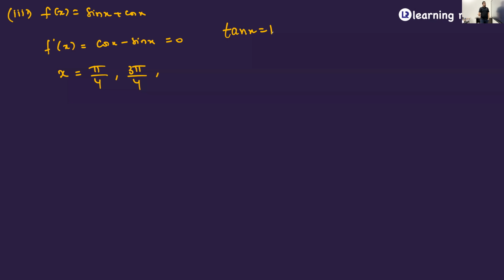I'm not sure, you would not have learned this, but the general solution for tan x is equal to 1 is, let me see how many of you know it actually. It is n pi plus pi by 4. Third quadrant, so it will be 5 pi by 4.